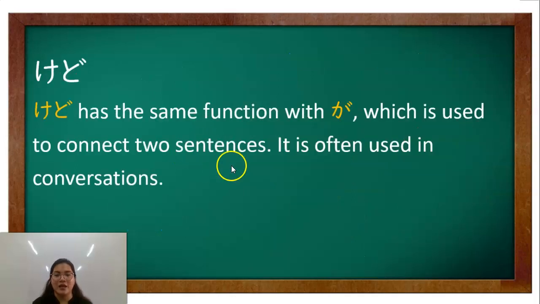Okay? Next is kedo. Okay? Kedo has the same function with ga, which is used to connect sentences, but it is often used in conversation. Okay? So, in this, kedo has the same function as ga, na but. Okay? Pero. But it is often used to connect sentences in a conversation, in a plain style.